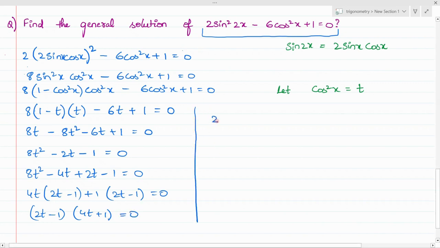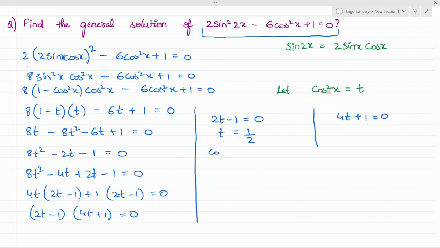In case 1, which is 2t minus 1 is 0, or 4t plus 1 is 0. T is nothing but 1 by 2. So t is nothing but what? Cos square x, right? So cos x becomes under root 1 by 2. Or it becomes cos square x is half.